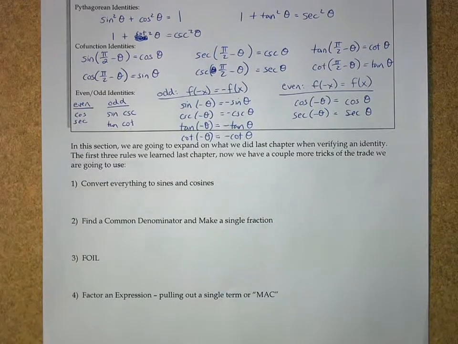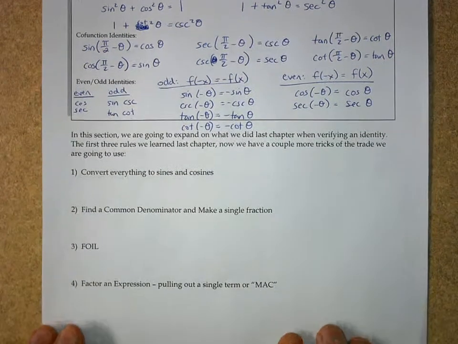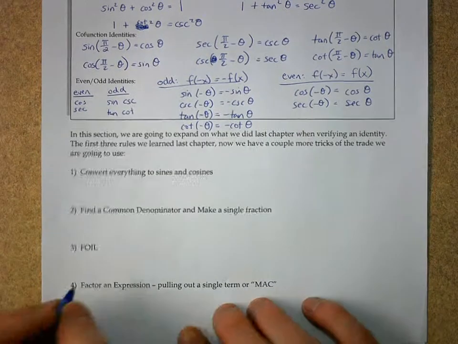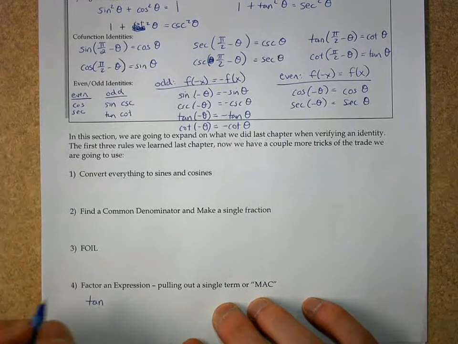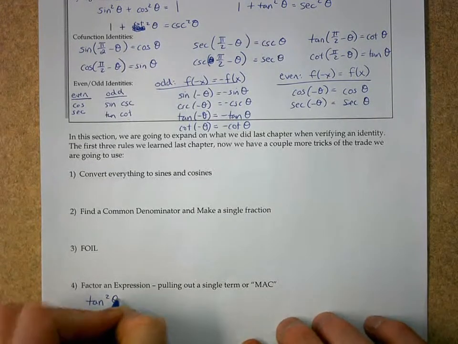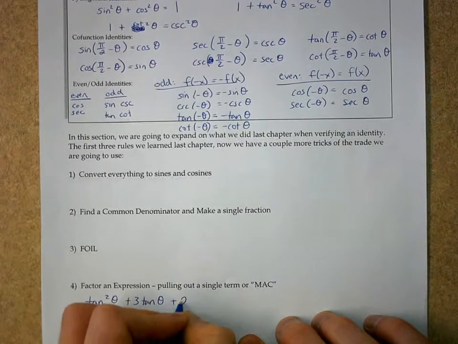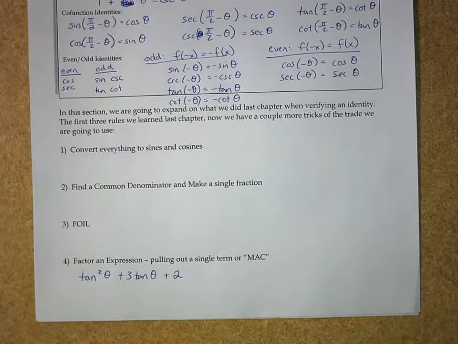The fourth option we have is we can factor out an expression, pulling out a single term or doing Mach factoring. So for example, if somewhere in my expression I had tangent squared of theta plus 3 tangent of theta plus 2.